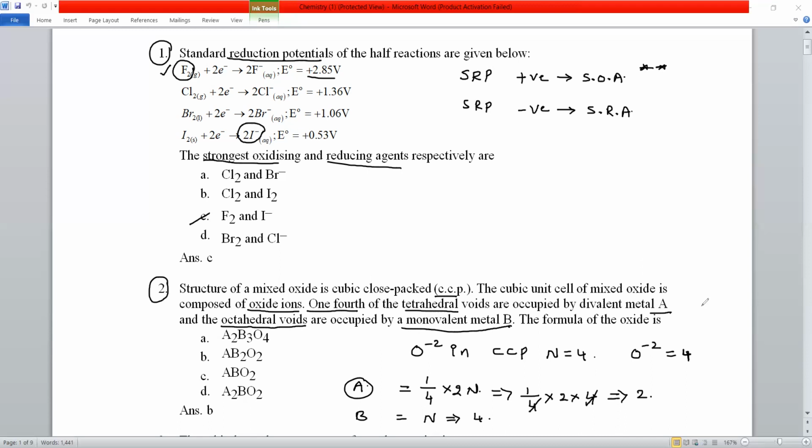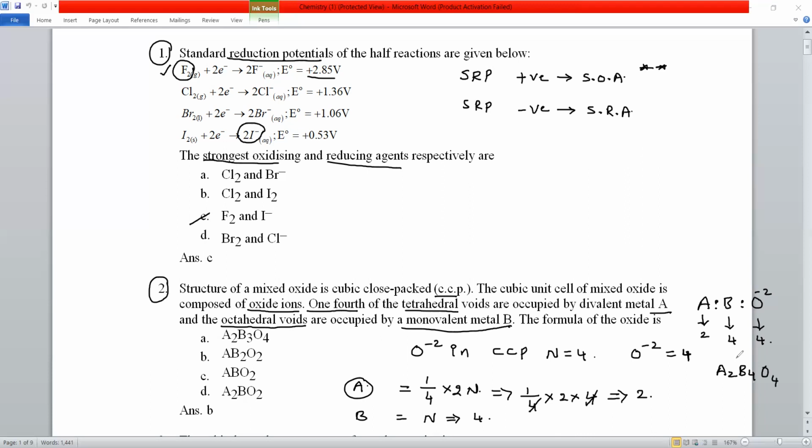So A is 2, B is 4, and oxide is 4. So we have A2, B4, O4.